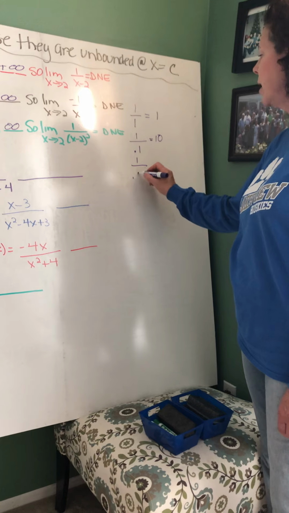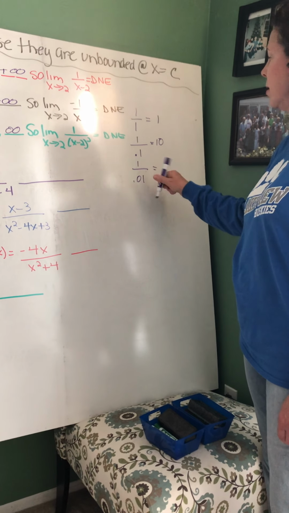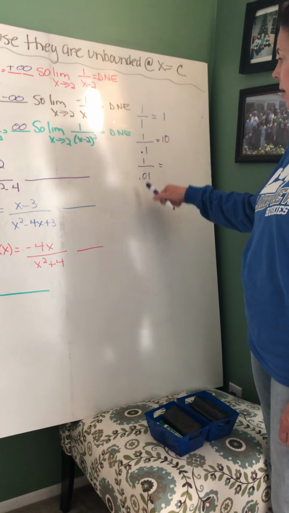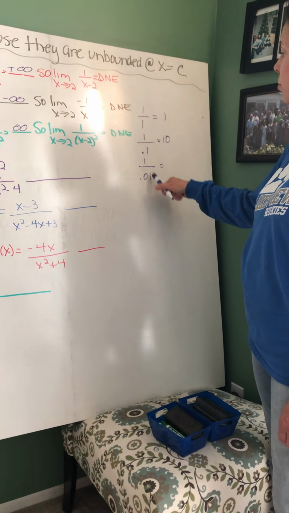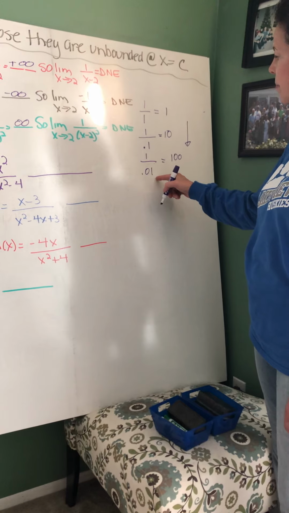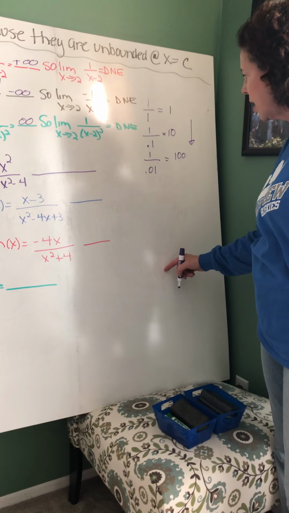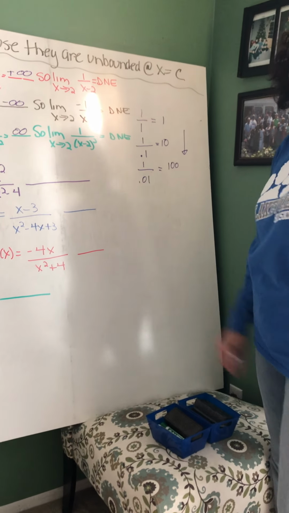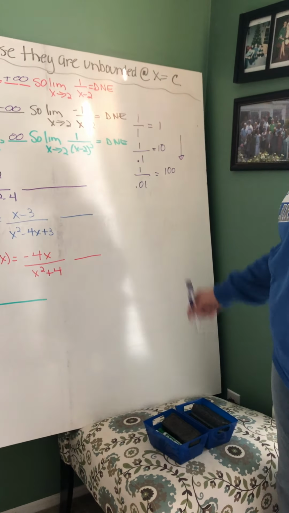Let's do 1 divided by 0.01, that's 1/100th. How many 1/100ths are in 1? 100. So you can see when you divide a constant by a very small number, as it gets smaller and smaller, that value is going to approach infinity. So you may have already known that, but just in case you had forgotten. Okay, I'm going to erase that.